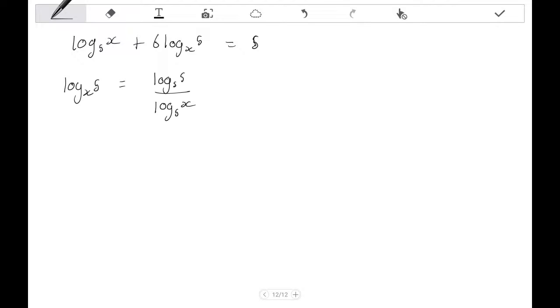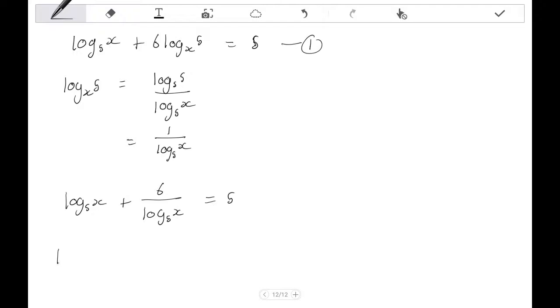But if you remember from earlier on, if we have log of something and the same base, that's just 1. So that becomes 1 over log base 5 of x. So we can substitute that back in, and we get that log base 5 of x add 6 over log base 5 of x is equal to 5.